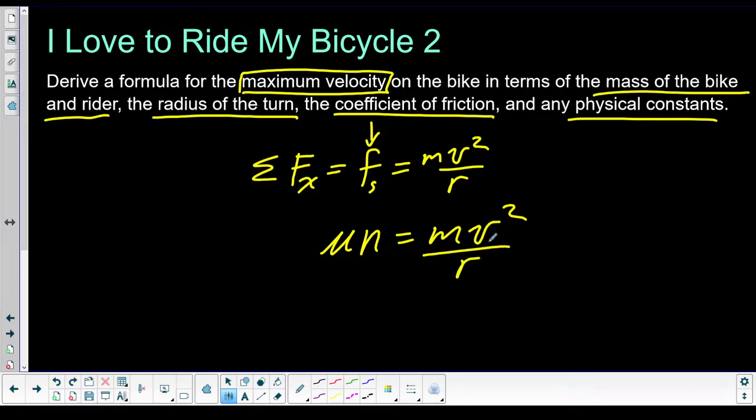Here, it doesn't tell me I can use the normal force either. It says in terms of the mass of the bike and the rider, the radius of the turn, the coefficient of friction, and physical constants. Normal force is none of those things, so I can't keep my normal force in here. I need to substitute that out with something else. I need to get rid of it.